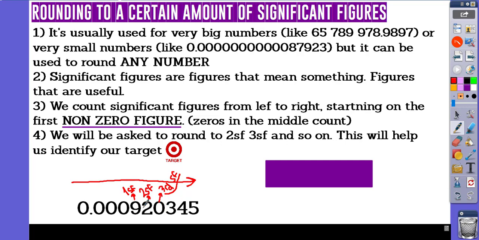Because the zeros in between will count. The first zeros do not count, and when we start counting, we do not stop because there's a 0, right? 0 counts there, so it's the third significant figure. Then we have the fourth significant figure, the fifth, and the sixth.